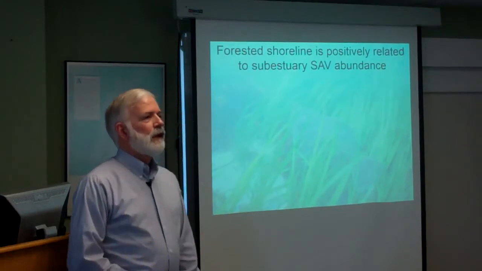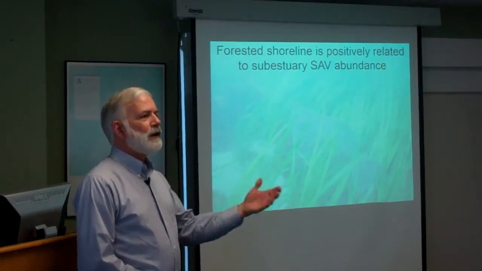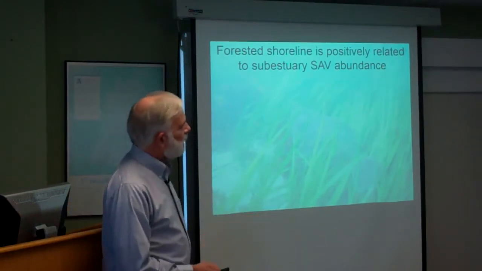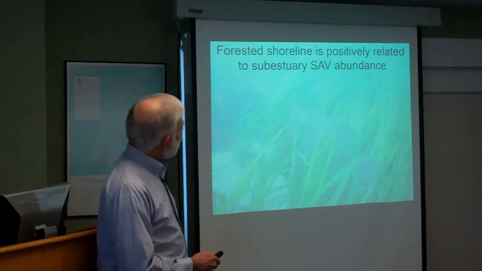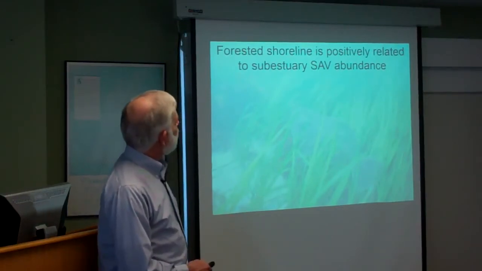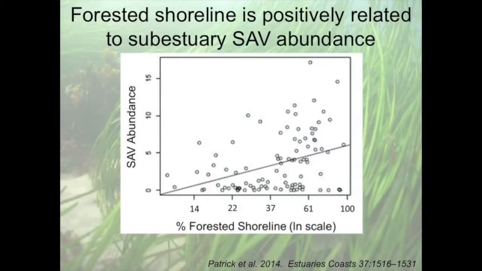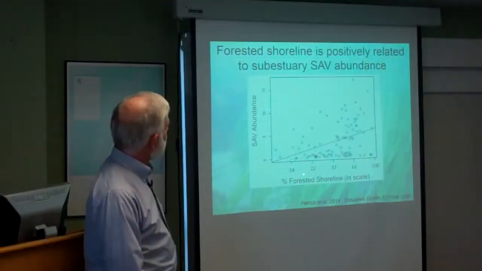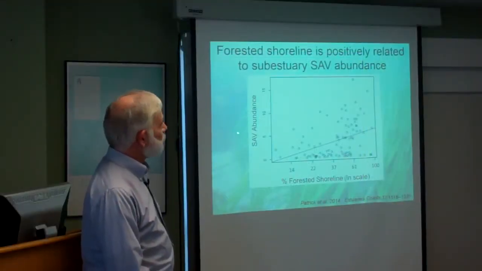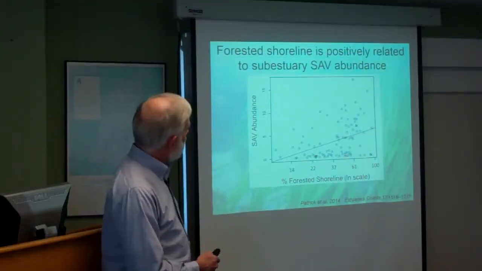We could also look at univariate correlations between SAV abundance and various stressors. We found that the forest directly on the shoreline was positively related to SAV abundance, illustrated in this figure, percent of forested shoreline on the x-axis and the same measure of SAV abundance on the y-axis.